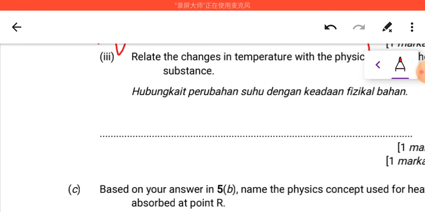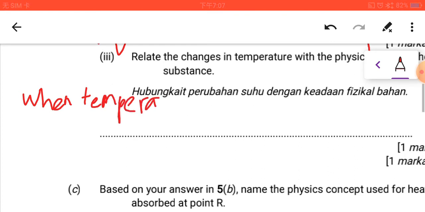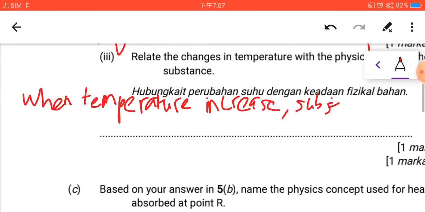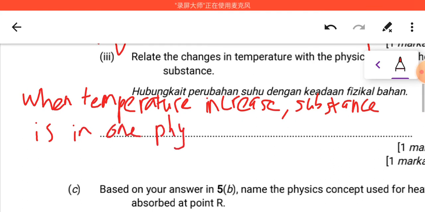So from here we say when temperature increases, the substance is in one physical state.